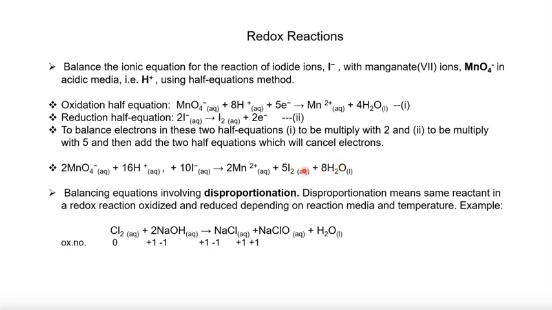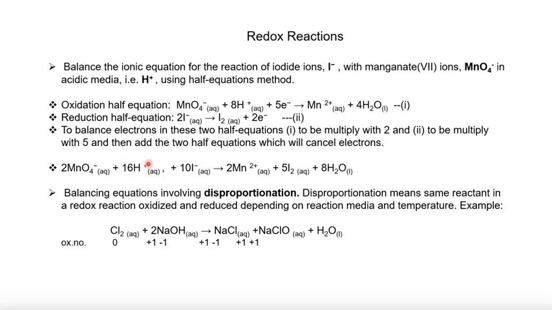You can now check the charges and find out whether the charges are balanced. You see, here we have 4 charges on the right-hand side, 4 plus. Here it is 10 minus, and then 2 minus, sorry, 10 and 2, but 12 minus, and here we have 16 plus.